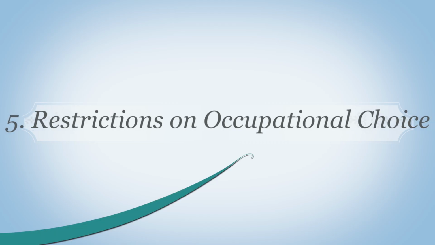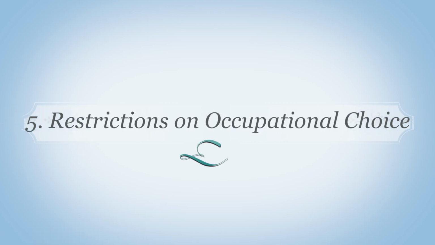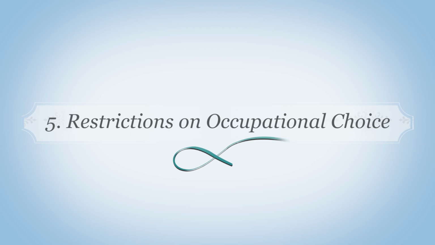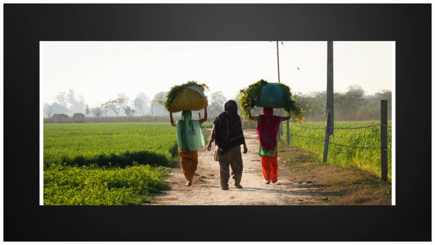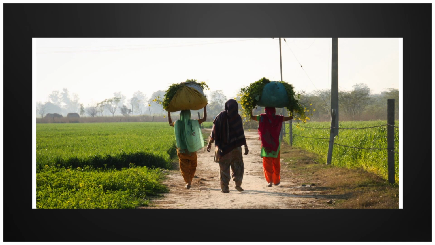Then fifth point is restrictions on occupational choice. In the caste-ridden society, there is a gradation of occupations also. Some occupations are considered to be superior and sacred, while certain others are branded as degrading and inferior.